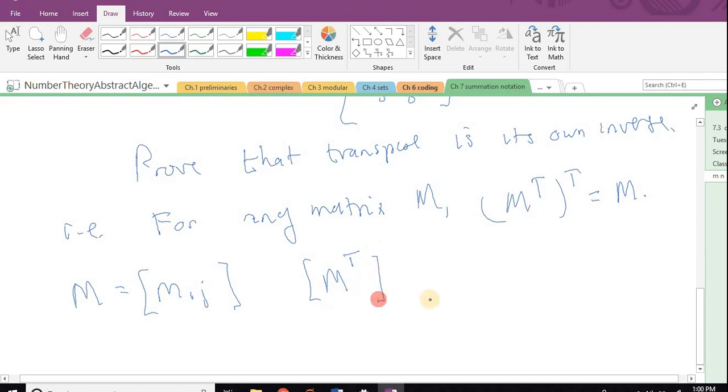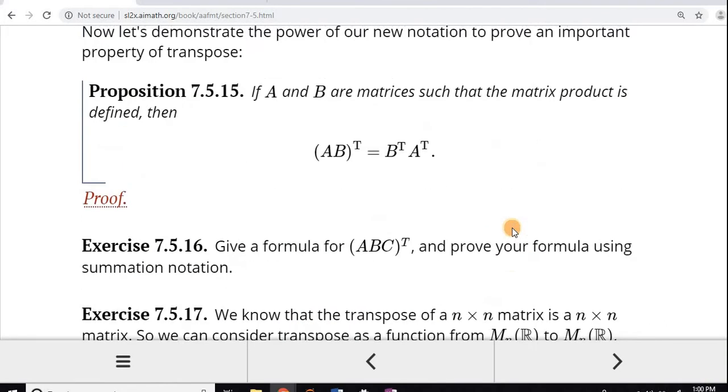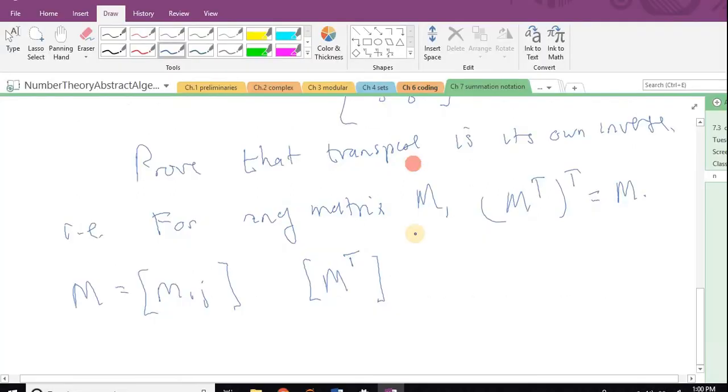Then the transpose, well, how does it say it here? It says M transpose ij equals Mji. Okay, so we can use that. M transpose ij is equal to Mji.